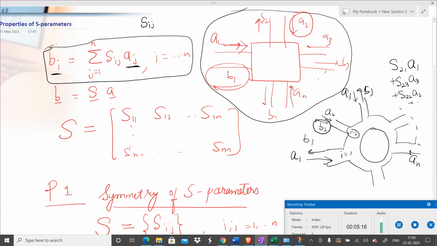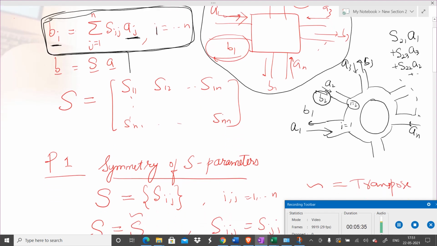So that is what we are writing here, that Bi is the summation of Sij Aj, where j is equal to 1 to n. We can compute such B's for every port, for B1, for B2, and we denote that in vector form also. B vector is equal to the S matrix times the A vector. This is the S matrix.